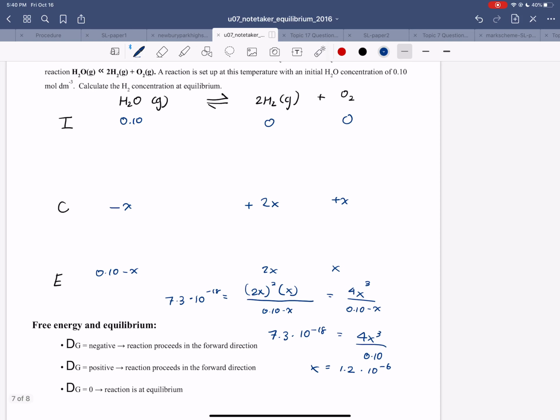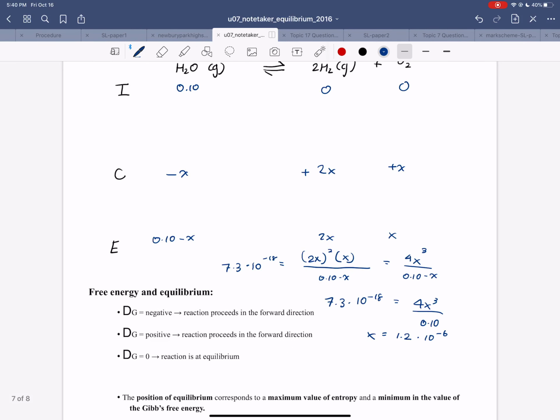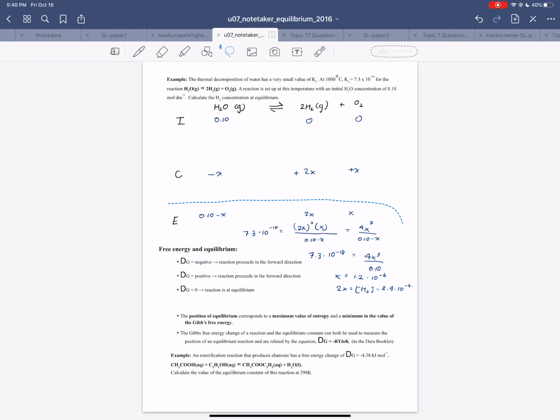So H2 would be 2 times this. So 2x equals H2, which equals 2 times 1.2 times 10 to the negative 6, so 2.4 times 10 to the negative 6. That one was a bit more of an interesting question. I hope that helped a little bit.